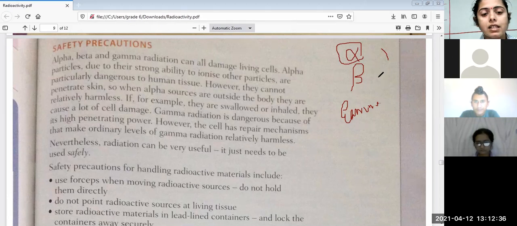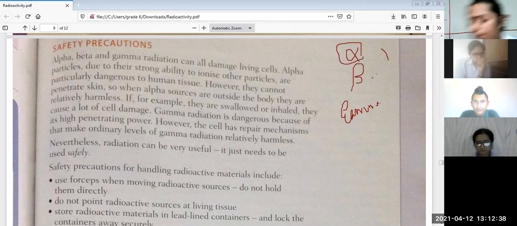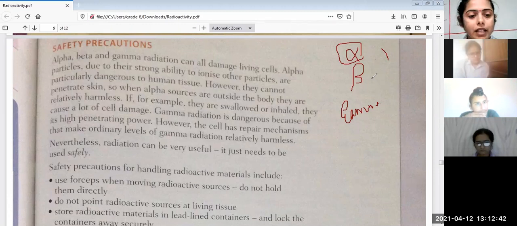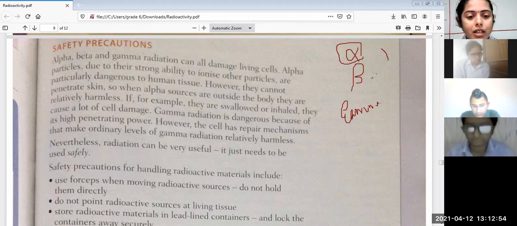Now the next thing is to overcome that damage: stay healthy, eat healthy, because we know it's not only the damage done by these alpha particles, but daily many of the cells die, and in place of that many new cells are formed in the body. You know about all this now? We keep shedding a lot of cells from the body.